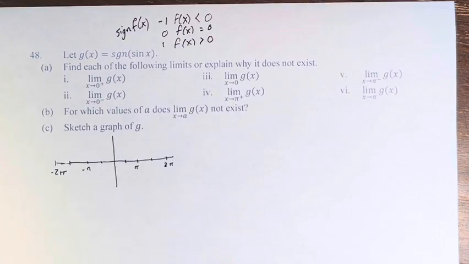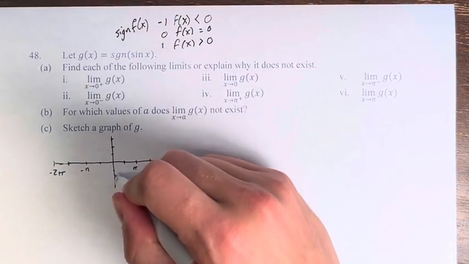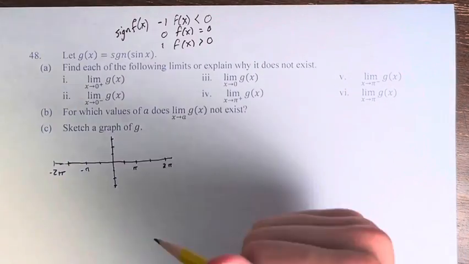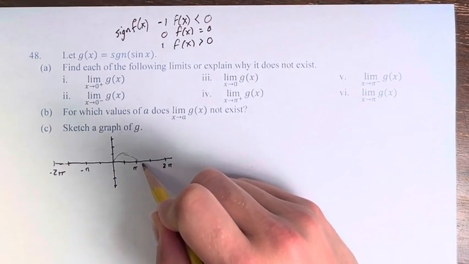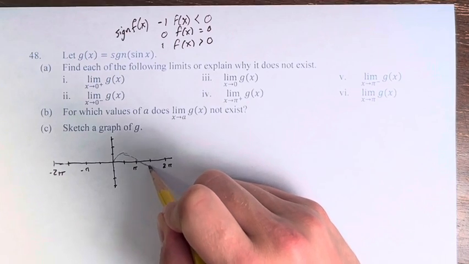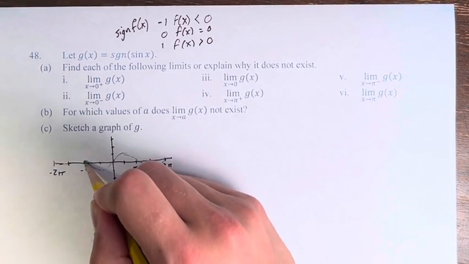So just in pencil, I'm going to graph what the sine function looks like, where it goes up, hits a value of 1, then goes back down, hits a value of -1, goes to 0, and does the same thing on the other side.